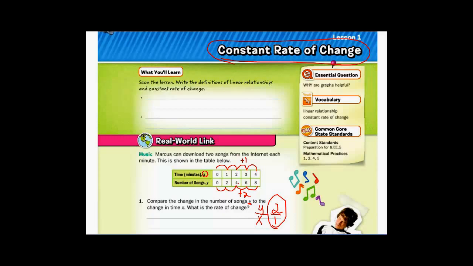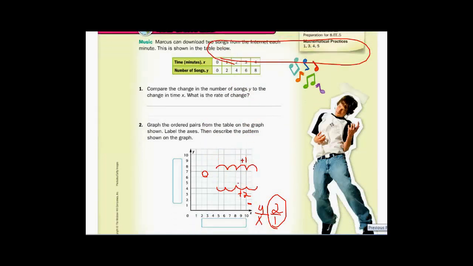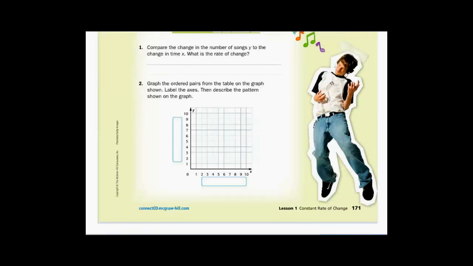All right, now if you're going to graph that, it says graph the ordered pairs from this table, label the axes. Let's clear this off here. Let's put it up just a little bit farther so that we can write on it. Label the axes. We said that x was your time in minutes.